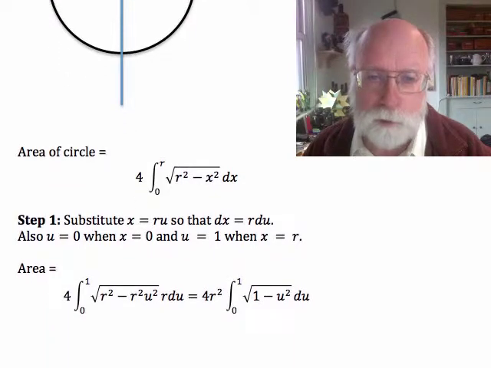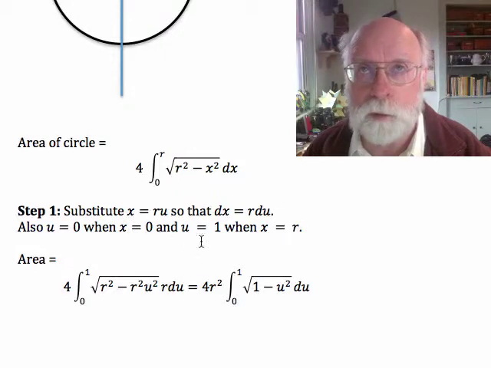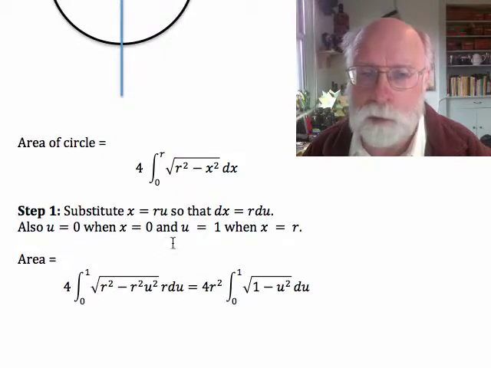Okay, step one in the solution of the integral is to do a substitution. So now you remember everything about doing substitutions. We'll let x equal r times u. r is a constant here, so it's just some number, and we don't have to worry about it as if it's varying. And so that means that dx will be r du. It's a definite integral, and so we'll change the limits. u is equal to 0 when x is 0, and u is equal to 1 when x is equal to r.